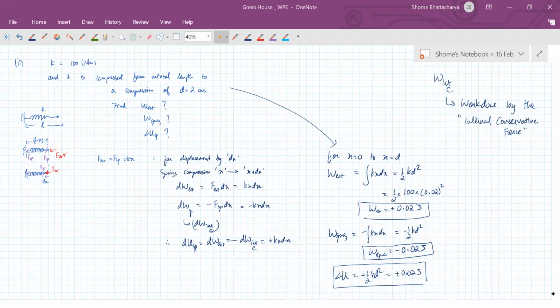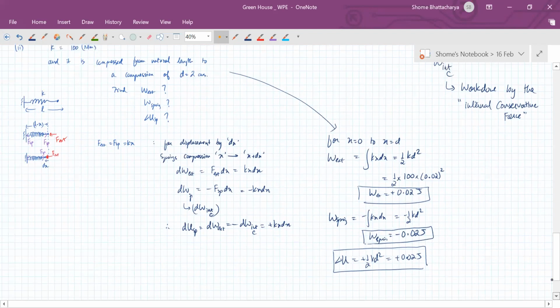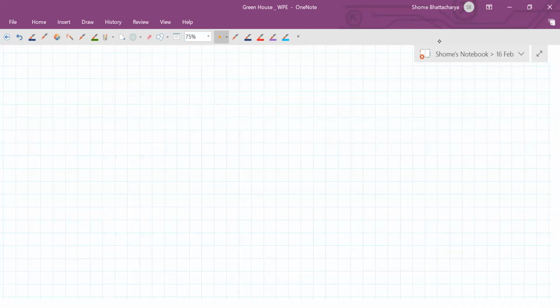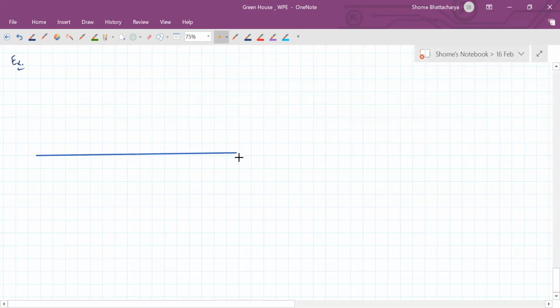Now next up, we'll look at a different situation. Okay. So in the next example, suppose we are doing something like this, that this height is known to us.